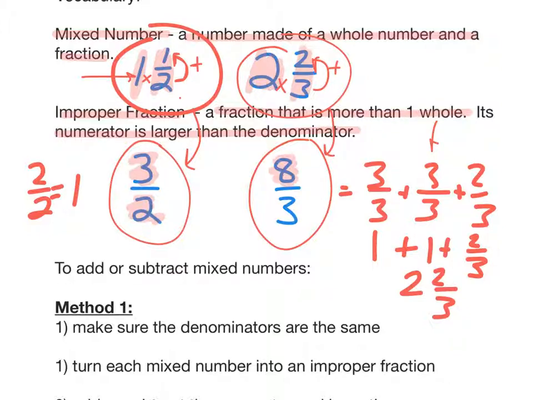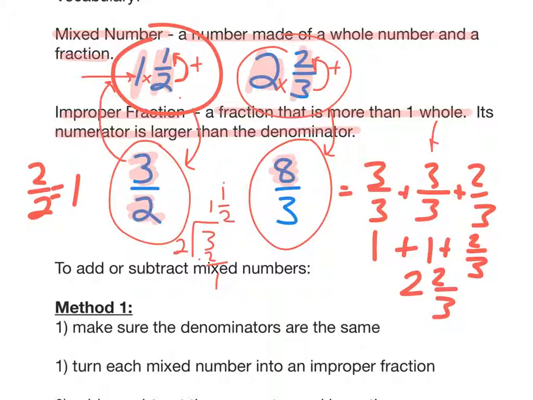You can turn them back. So if I wanted to turn 3/2 back into a mixed number, you can turn them back by dividing. 3 divided by 2. 2 goes into 3 once. That's 2. Subtract, and you get a remainder of 1. You put the 1 over what you divided by.